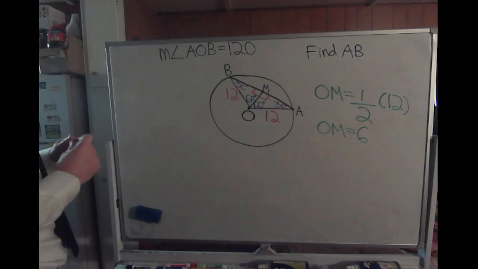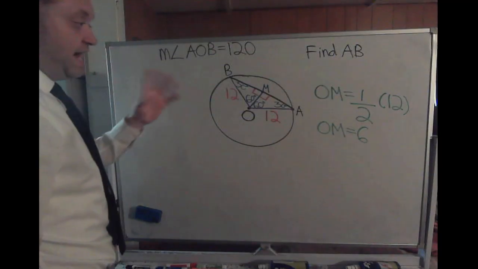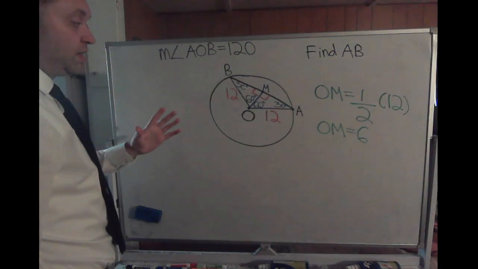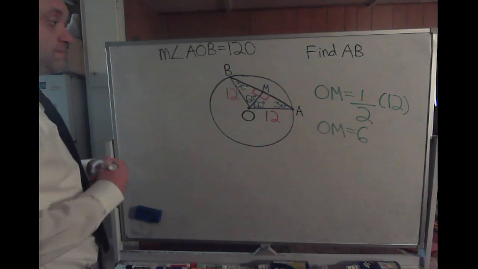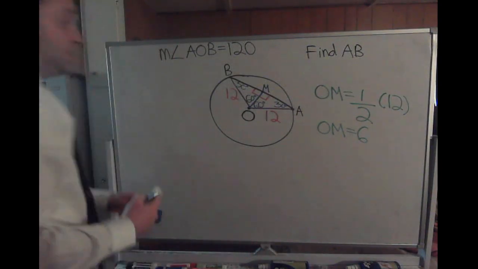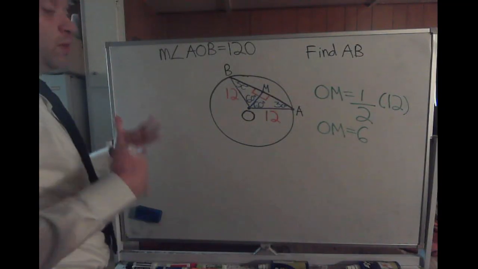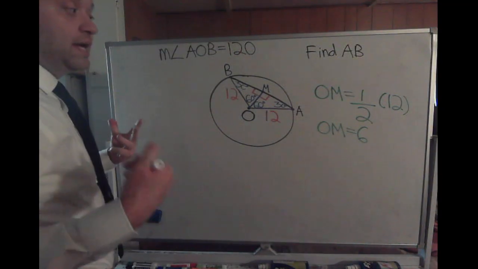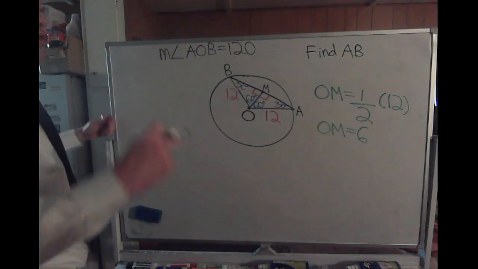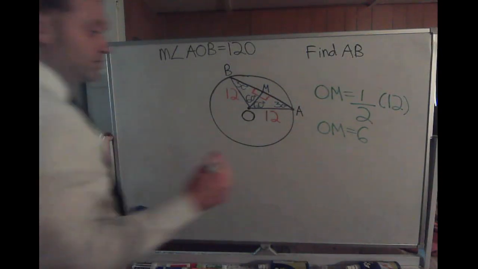Now, to find the length of BM, what we're going to have to do next is go, because that's across from the 60 degree angle, we know that the side across from the 60 degree angle is the square root of 3 times the side across from the 30 degree angle.